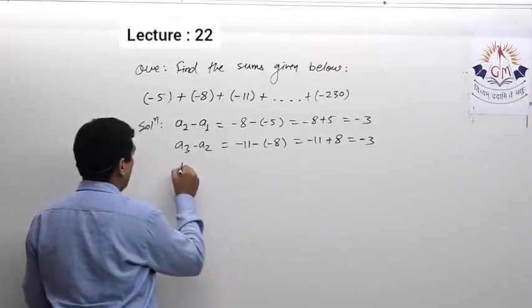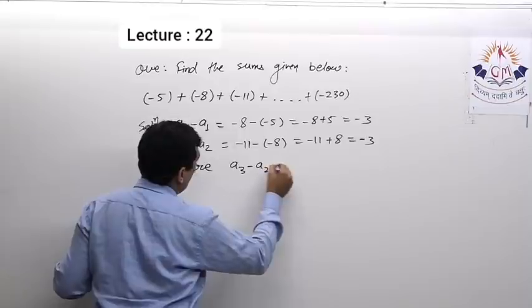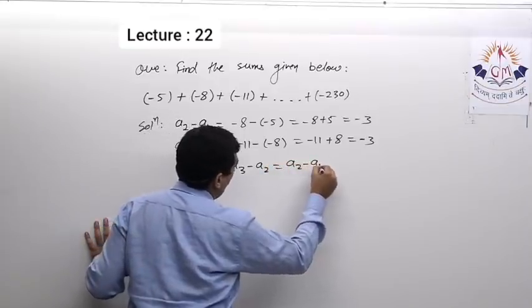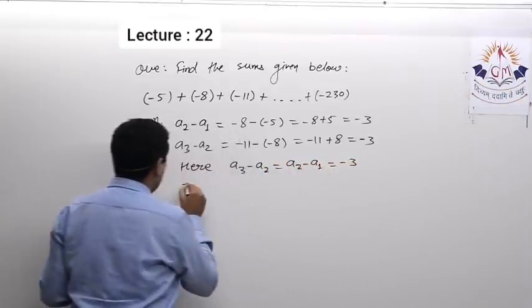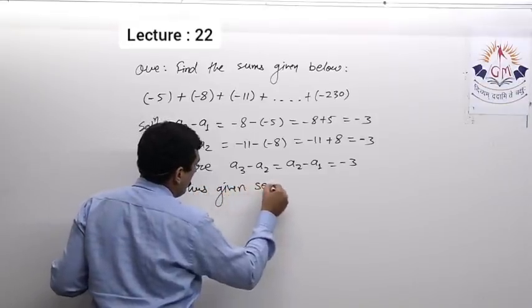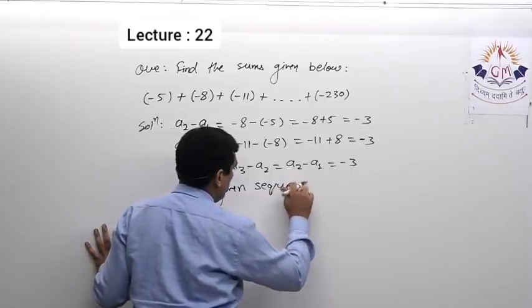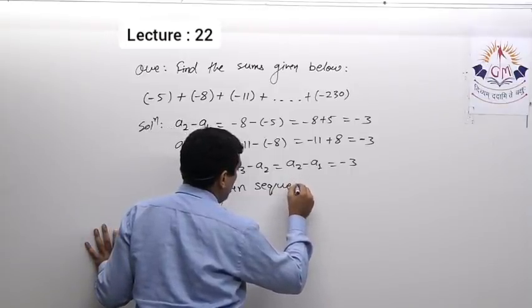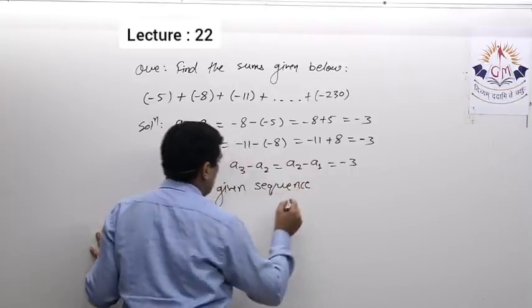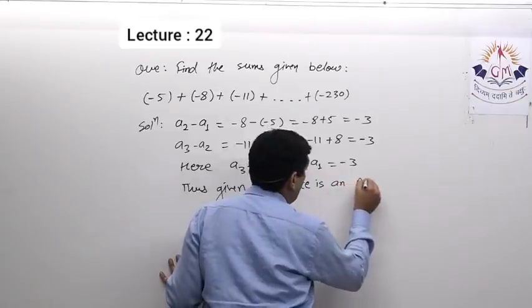So here A3 minus A2 is equal to A2 minus A1 is equal to minus 3. Thus the given sequence is an AP.